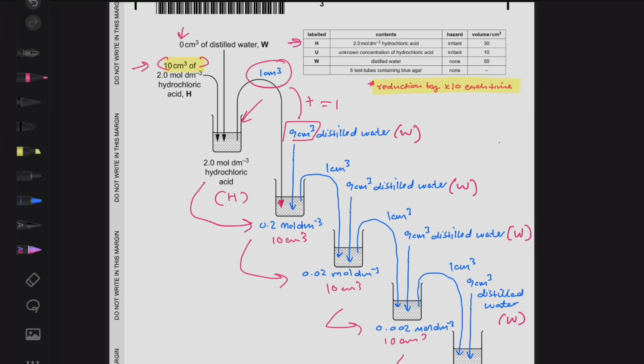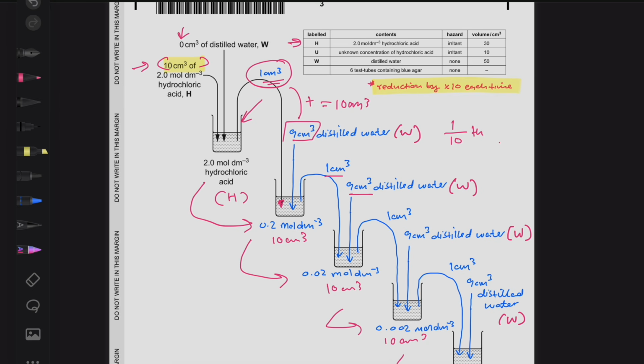Notice how they add up to make 10 cm³. Now that we've only transferred 1 cm³ of the original solution, only 1/10 of the solution is HCl. Therefore, we have gone from 2 mol/dm³ to 0.2 mol/dm³. And then we just keep doing that: transfer 1 cm³ of our previous solution and make up 9 cm³ of the solution with distilled water, and then just keep going, okay?